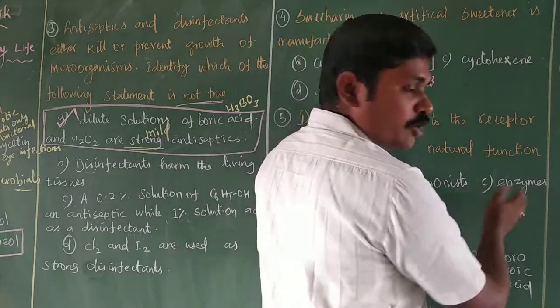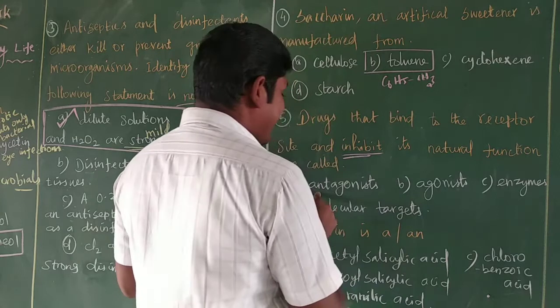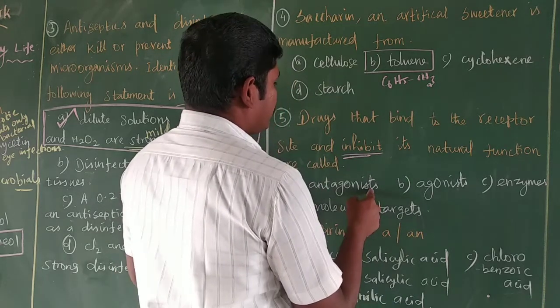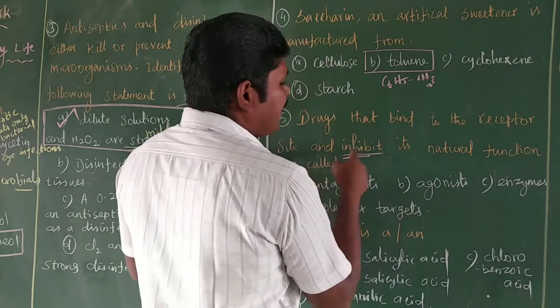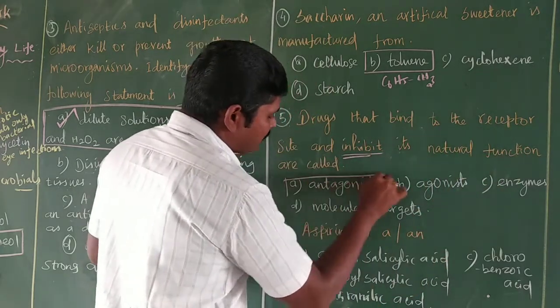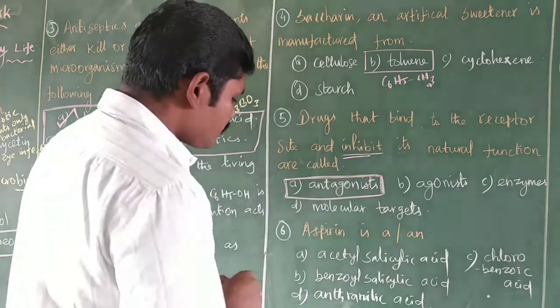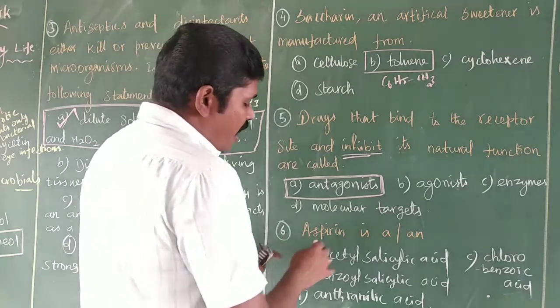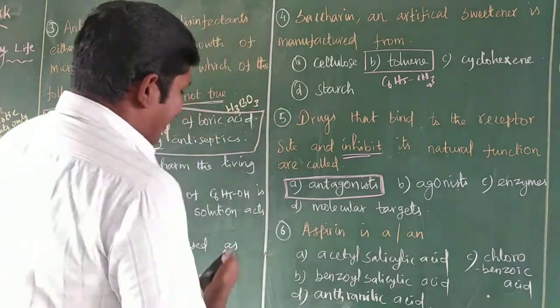Enzymes are catalysts and molecular targets. So option A, antagonist. The drugs that bind to the receptor site and inhibit its natural function are called antagonists. Right?